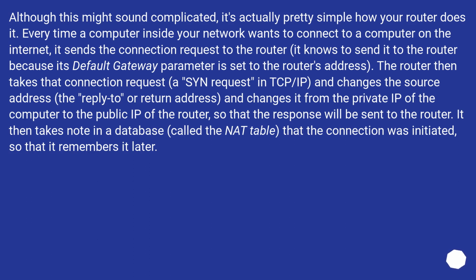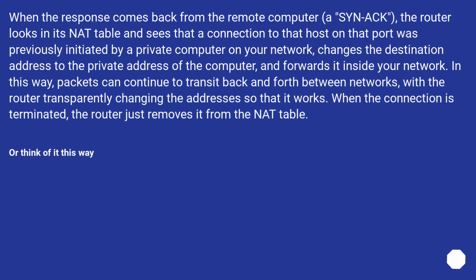It then takes note in a database, called the NAT table, that the connection was initiated, so that it remembers it later. When the response comes back from the remote computer, a SYN-ACK, the router looks in its NAT table and sees that a connection to that host on that port was previously initiated by a private computer on your network, changes the destination address to the private address of the computer, and forwards it inside your network.